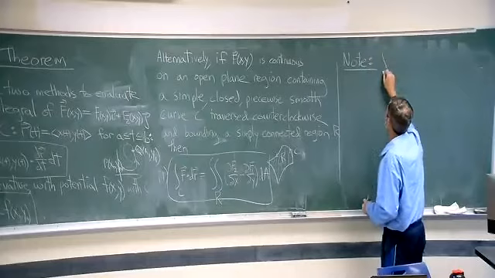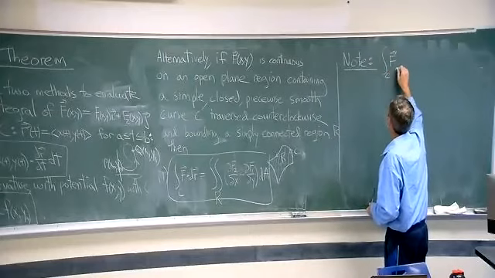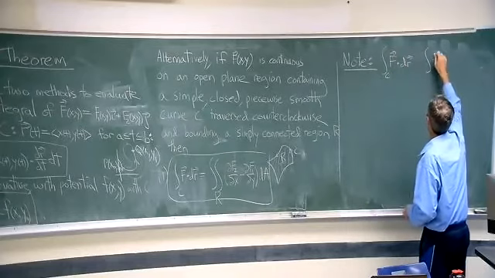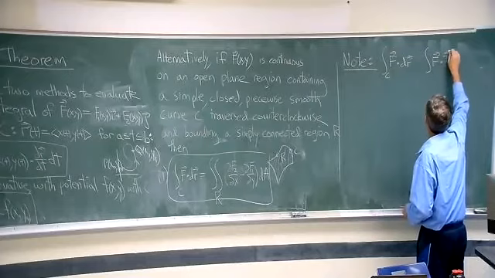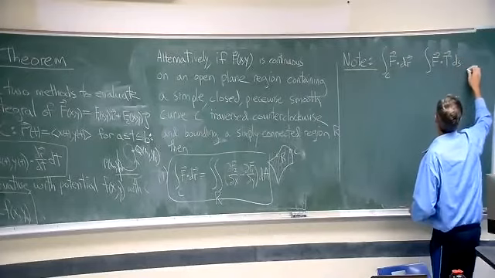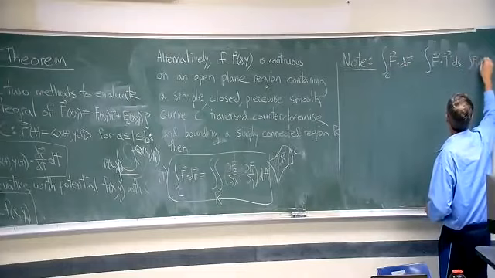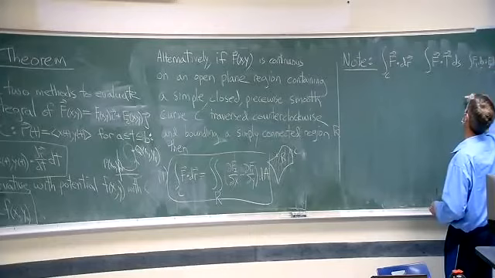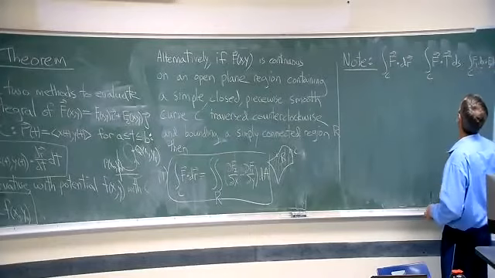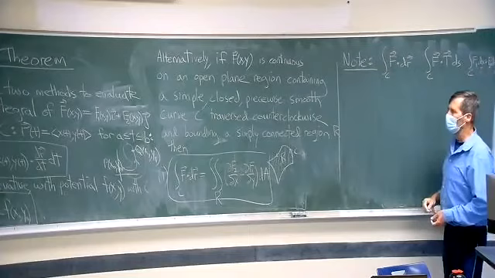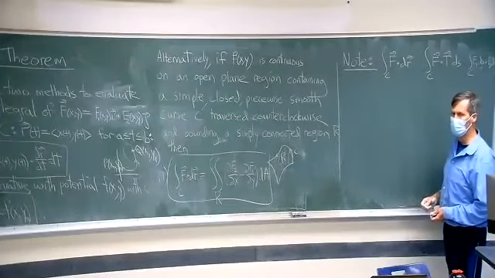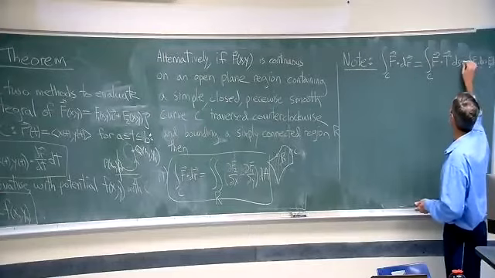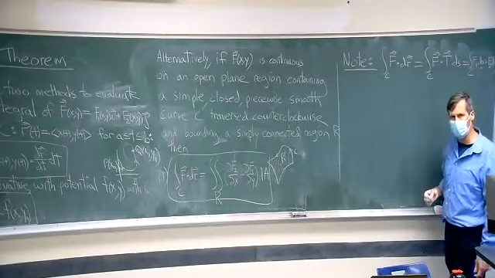When you see this, integral F dot dr along a curve C, or you see this, integral F dot T ds, or you see this, integral F1 dx plus F2 dy, where F1 and F2 are functions of x and y. Which one does Green's theorem apply to? It actually applies to all three. These are all just different notations for the same thing.